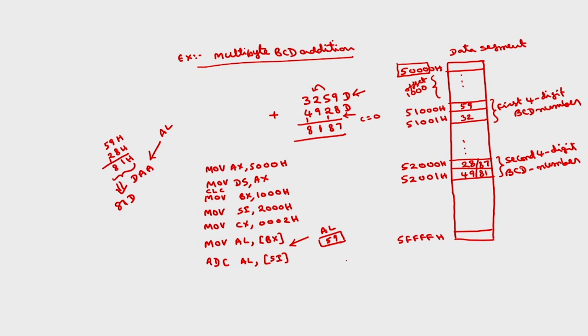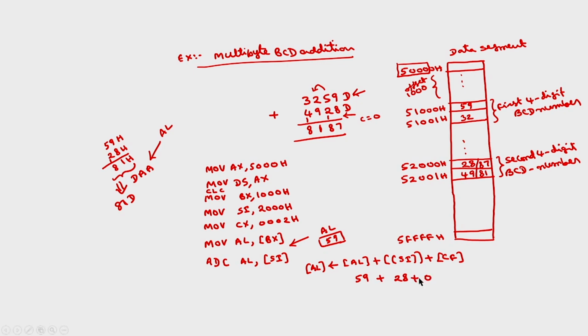So what is the operation here? The contents of AL will be added with the contents of SI plus the carry flag status. These three will be added and the result is stored in AL. The contents of SI is 2000, and in offset 2000, 28 is there. So with this instruction, AL is having 59, this will be 28, and because I have cleared the carry flag, this is 0.